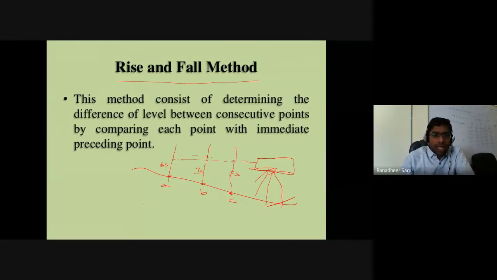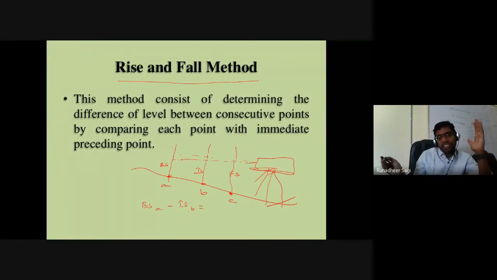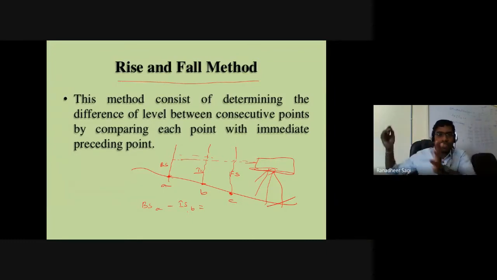Now, the backsight at point A minus the subsequent intermediate sight at point B, the difference of these two values is what we are going to calculate. That is, between each staff reading and the next successive staff reading: first minus second, second minus third, third minus fourth.